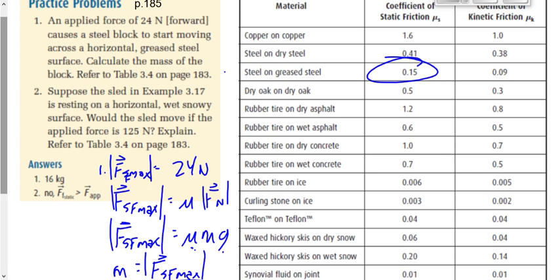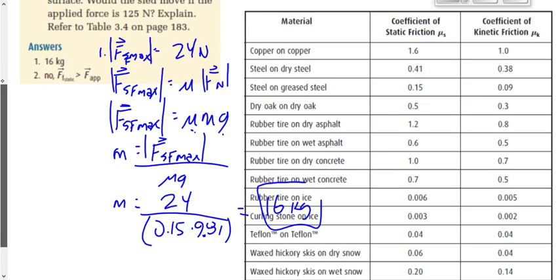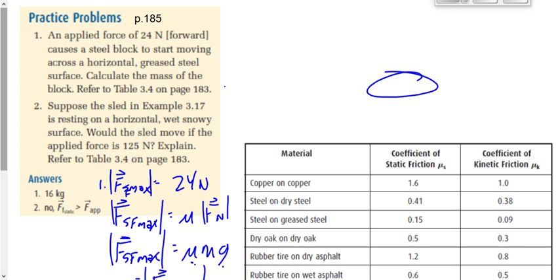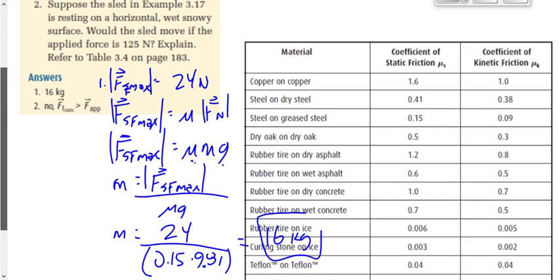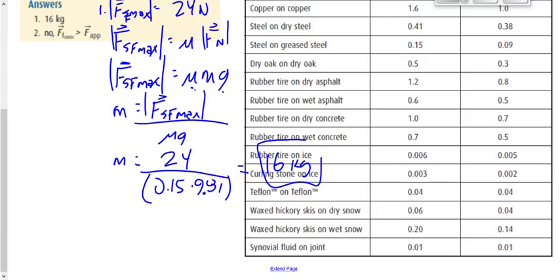I'm going to slide this down actually so I got a little bit more room to work. Question number 2 here. This one says, suppose the sled in example 3.17 is resting on horizontal, wet, snowy surface. So for question number 2, we've got waxed hickory on wet snow. The coefficient of static friction is 0.20.